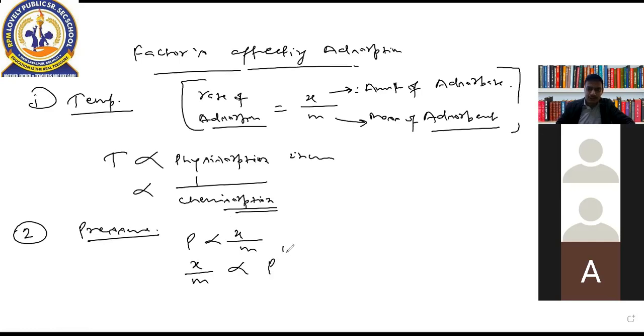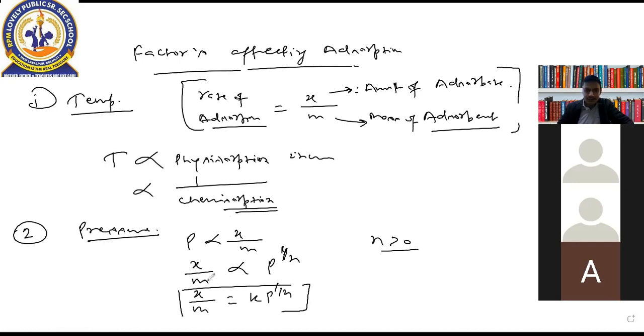That is P to the power 1 by n. P to the power 1 by n, not 1 by 2. n could be more than 0. This is the equation: x by m equals k P to the power 1 by n.